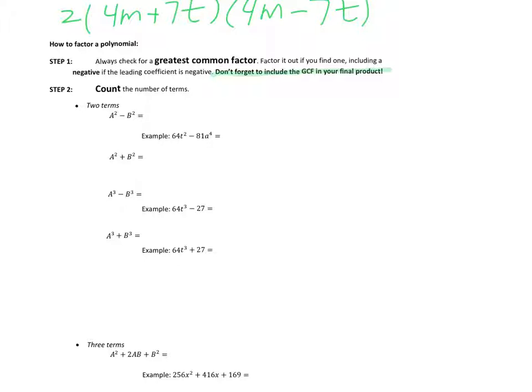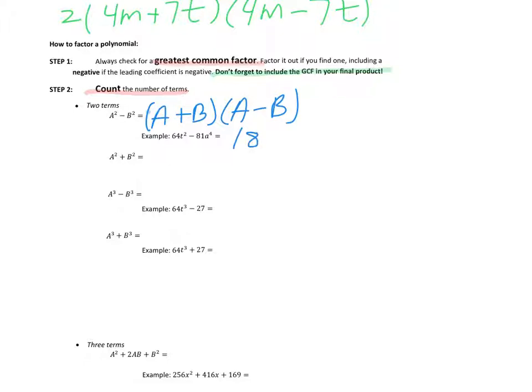Your next step after the greatest common factor is to count the terms. So we just went over 2 terms. If it's a difference of squares, we're looking at a plus b, a minus b situation. So for instance, 64t squared minus 81a to the 4th.